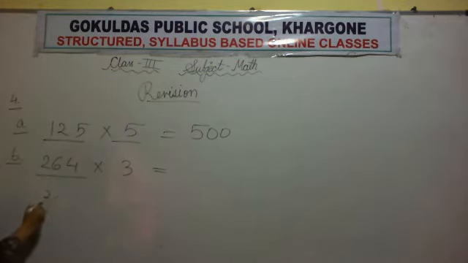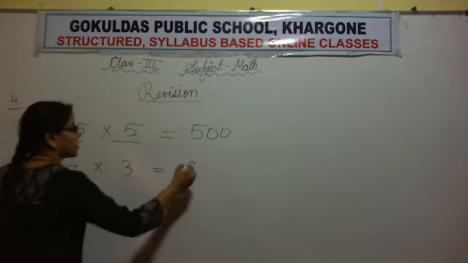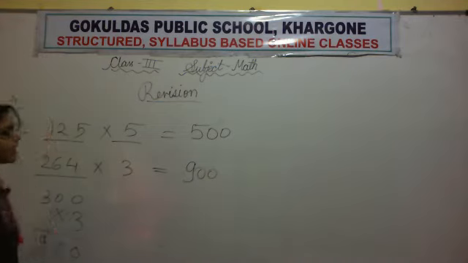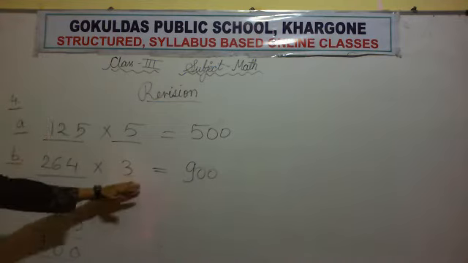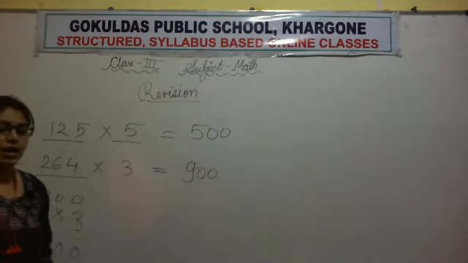So 300 into 3. 3 into 0 is 0. 3 into 0 again is 0. And 3 threes are 9. So 900 is our answer. We rounded off to the nearest hundred and multiplied it by 3.